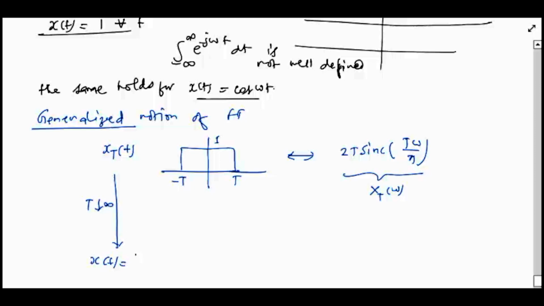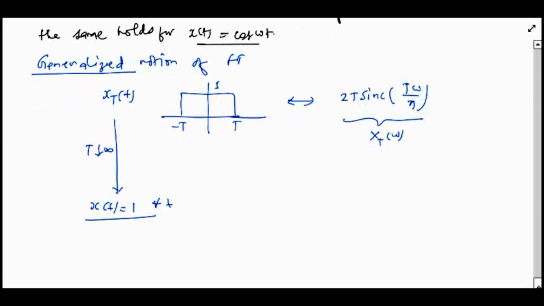Its width becomes longer and longer, so it converges to the constant function. So we would expect that the Fourier transform of the constant function will be given by the limit as T tends to infinity of X_T(omega).